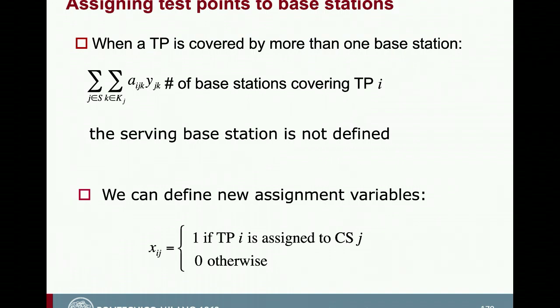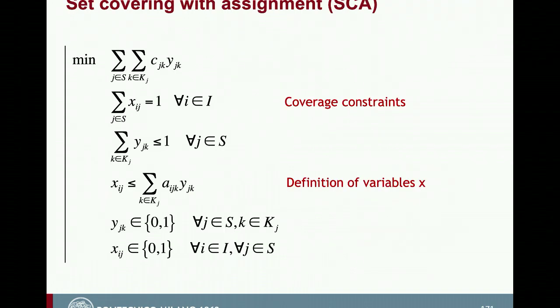So x_ij is equal to 1 if test point i is assigned to candidate site j and 0 otherwise. This is exactly the same problem as before, with the only difference that we are using the set of variables x, and we are rearranging the constraints in order to use this new variable. As you can see here, the definition of variable x is exactly the coverage constraint as before.